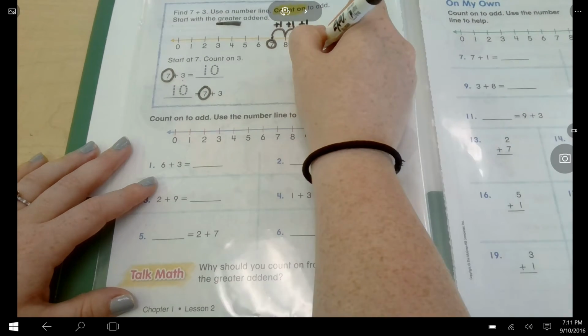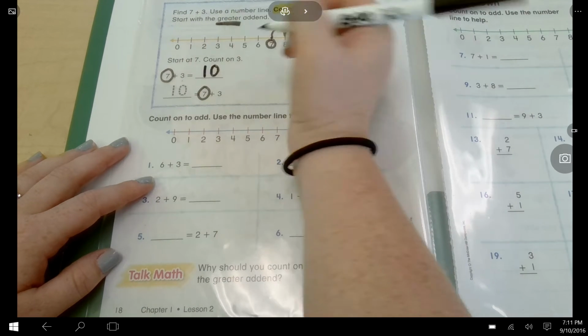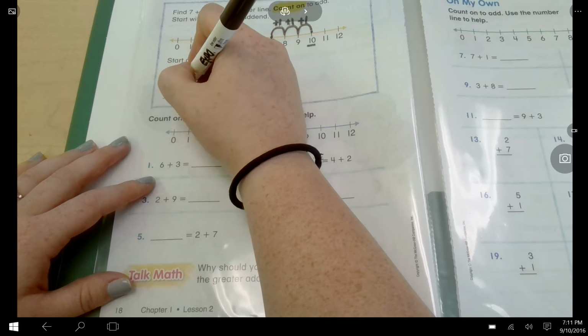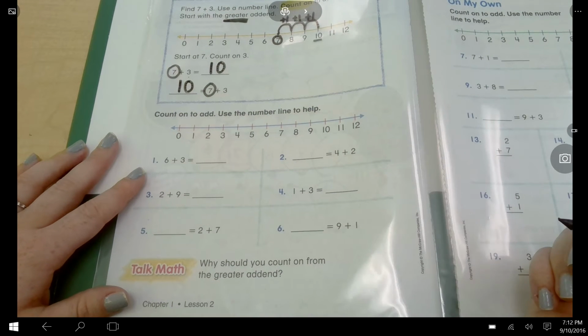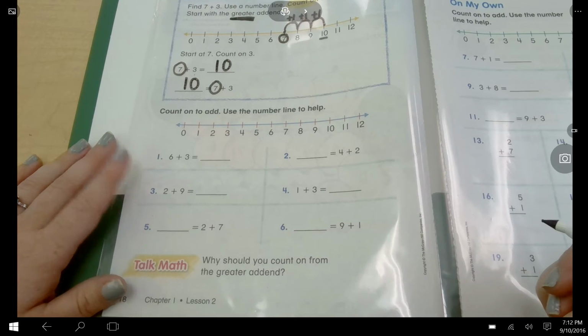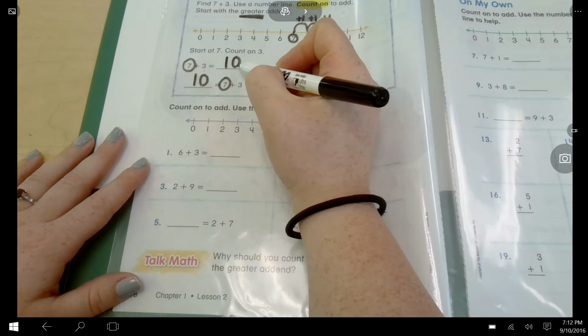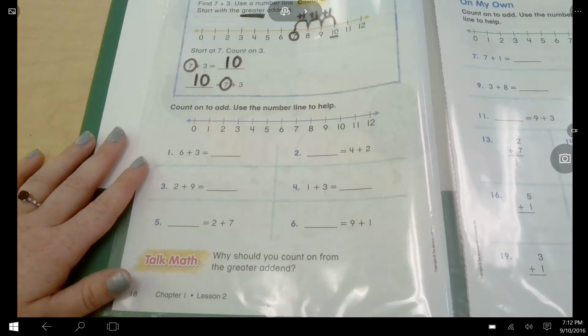We ended on 10. So your sum, the answer to your addition number sentence, is 10. I'm going to give a Dojo point to the person in your group who can tell me what a sum is today. I'll say it again. A sum is the answer to an addition number sentence.